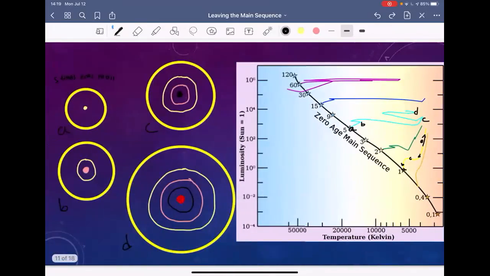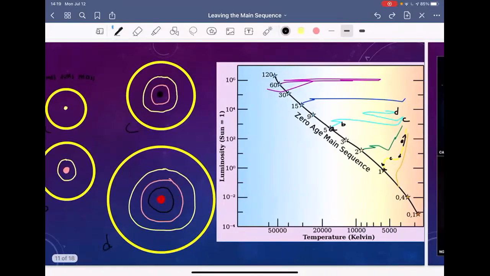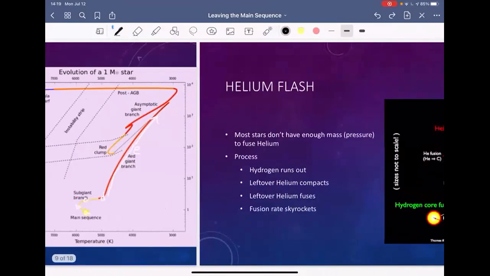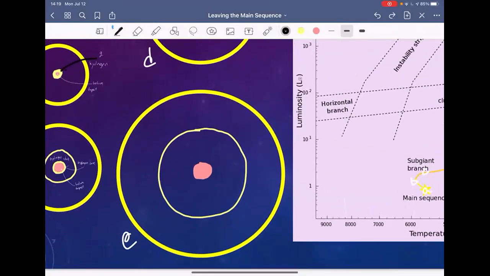Okay, so going back to our own sun, maybe in about a couple billion years, our own sun is going to look like this, like E over here, where you have a hydrogen fusion core, a really big helium fusion core, a big hydrogen shell around it.